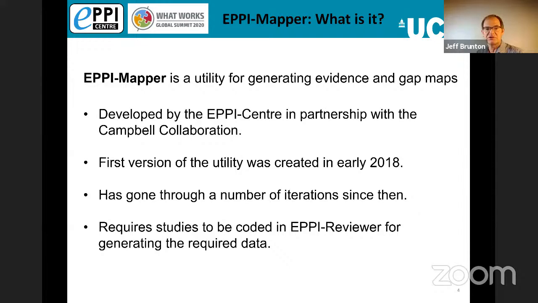The first version of the utility was created around early 2018, and that was actually for their version of the Mega Map that they created. And it's gone through a number of iterations since then. When we get suggestions from people or things they'd like to see added, we then add those to the program.